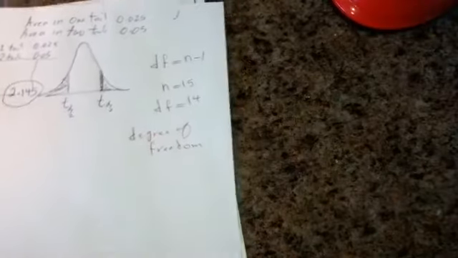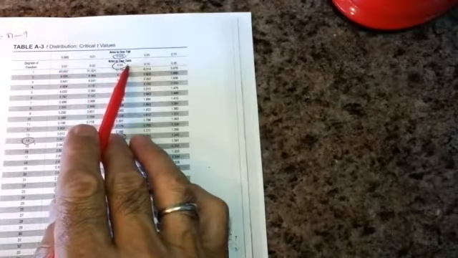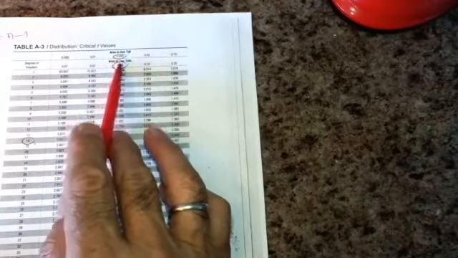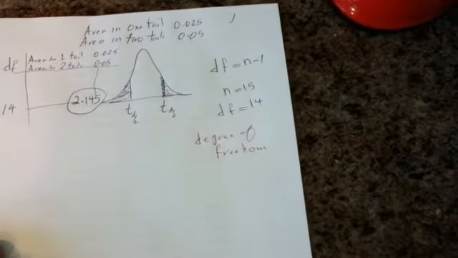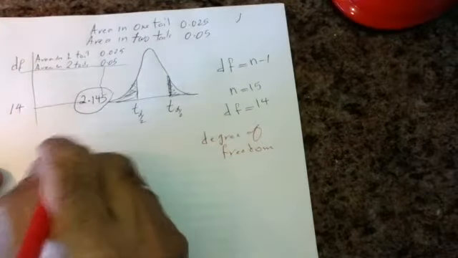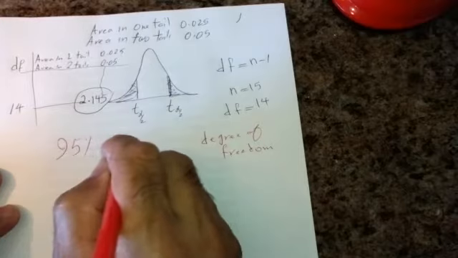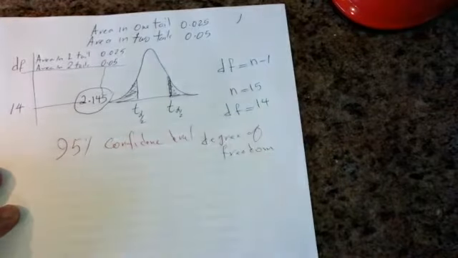All right, so on this table, you see on the top, it says area in 2 tails, area in 1 tail. What is this area in 2 tails? Let's say we have a problem that indicates there is 95% confidence. The confidence level is 95%.